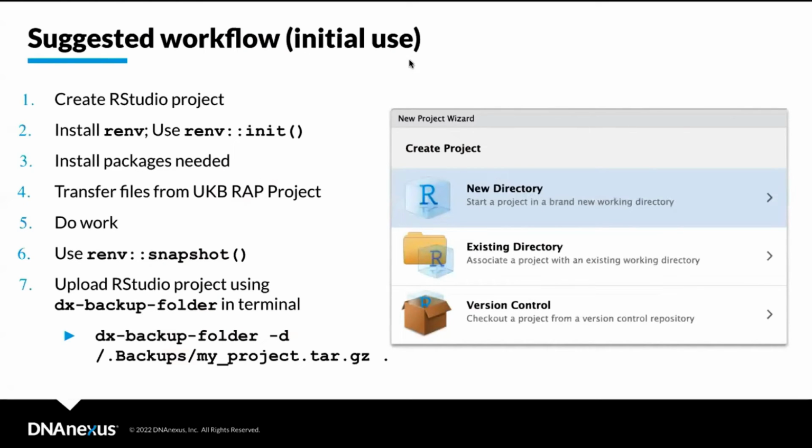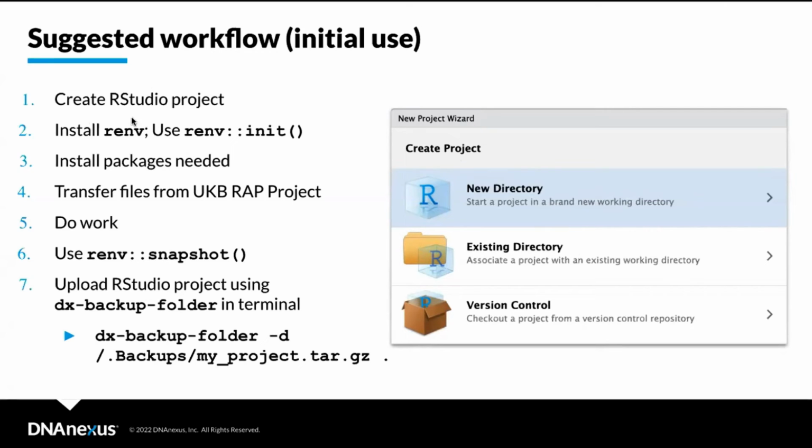So we're going to go through all of these steps, but I just want to talk about when you're first starting to use RStudio and RStudio projects on RAP. The first thing when you launch into your RStudio session is that you want to create an RStudio project. This is like that new project wizard that pops up when you start a new project under the file menu.